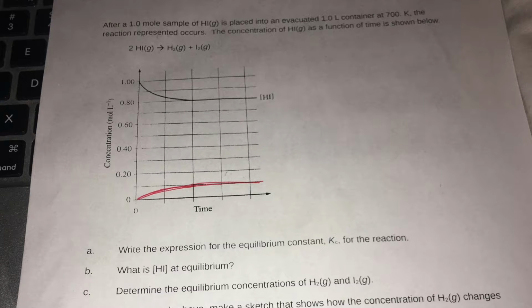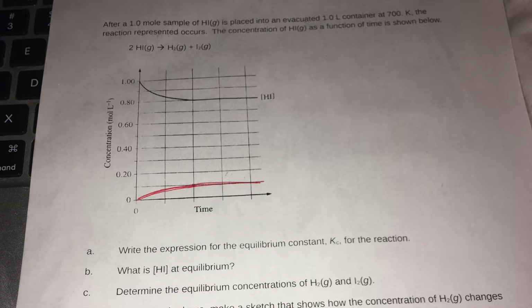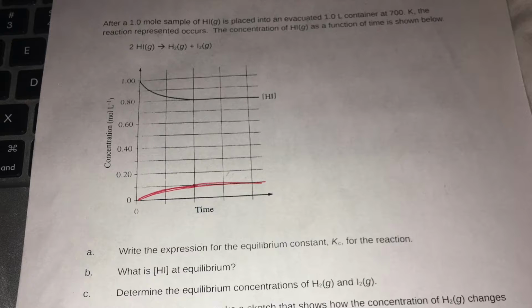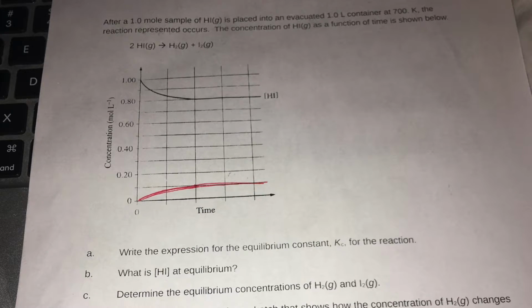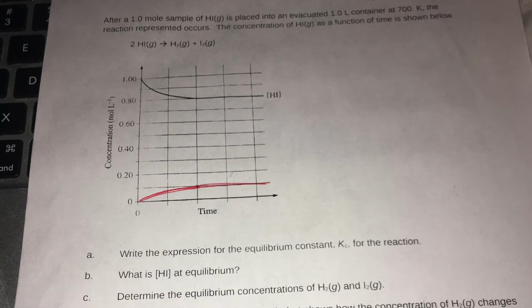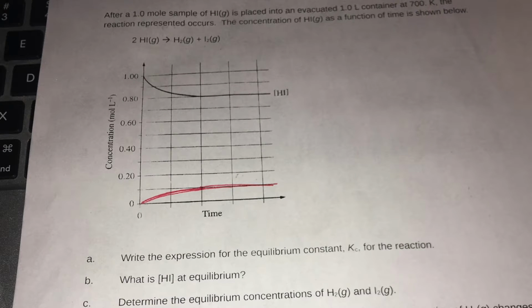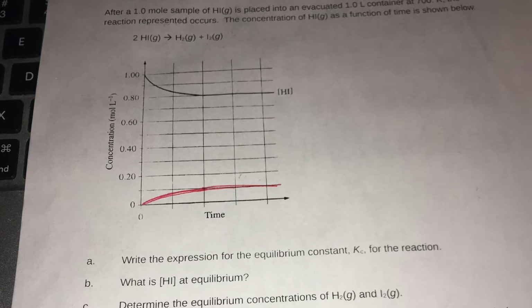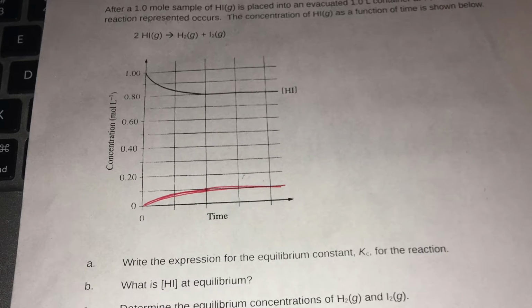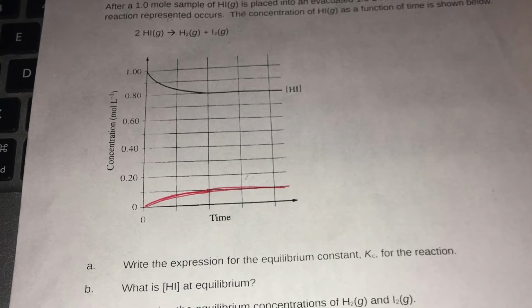Part D asks, on the graph above, make a sketch that shows how the concentration of hydrogen gas changes as a function of time. From our previous calculations from Part C, we know the equilibrium concentration of hydrogen gas is 0.1 molar. So the concentration of hydrogen gas will remain constant at 0.1.